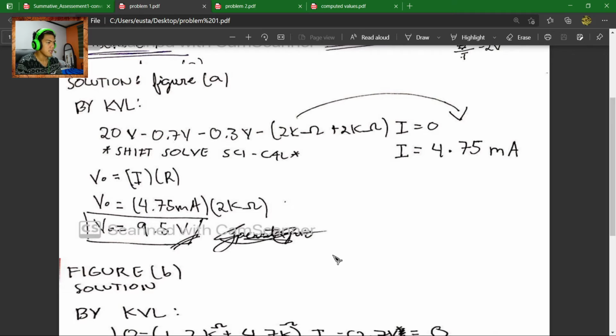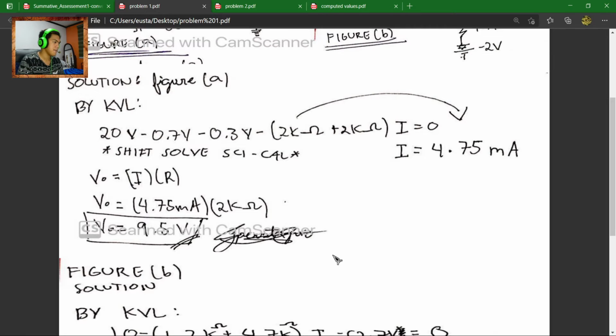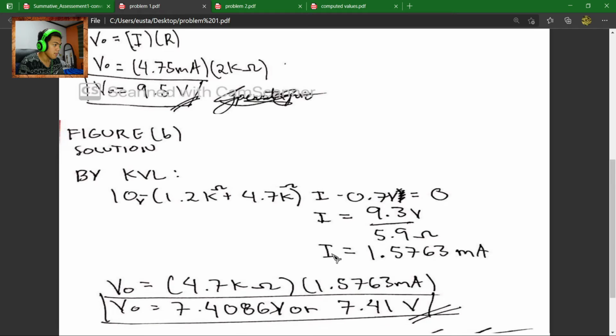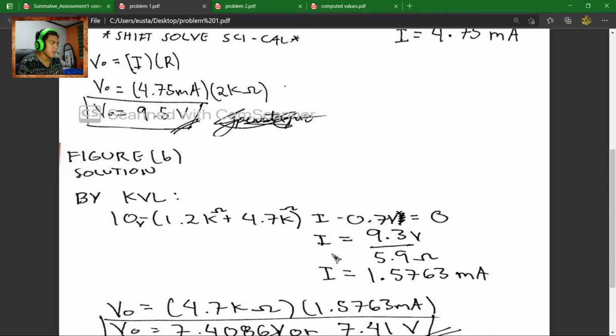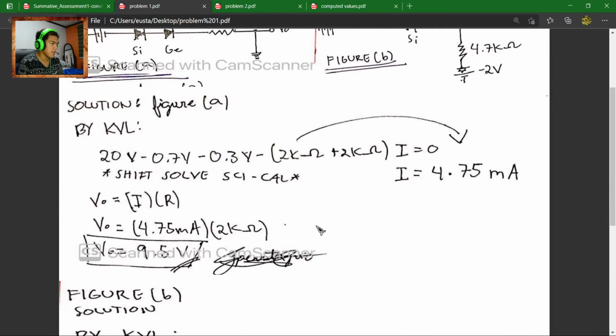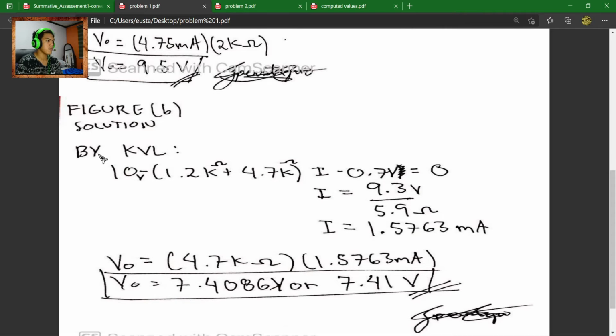Figure B. Going to figure B, same as the figure A solution, we're going to use Kirchhoff's voltage law.